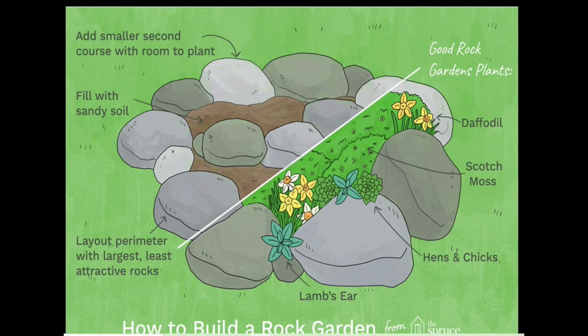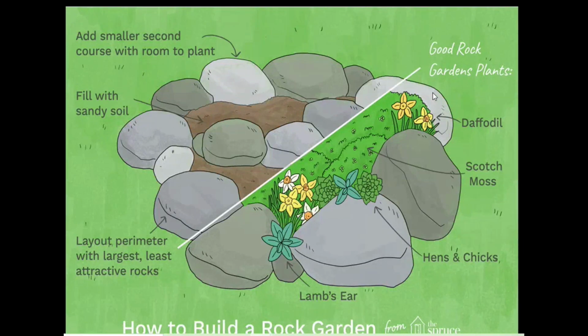Then you can fill this with daffodils, scotch moss, hens and chicken, which is available in the market, and lamb's ear, which is another plant. These are some of the suitable plants. Apart from that, many cactus, asparagus, most cactus species, and Euphorbia milii are also suitable for this type of garden.